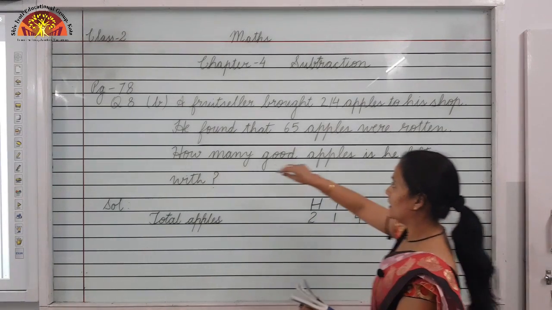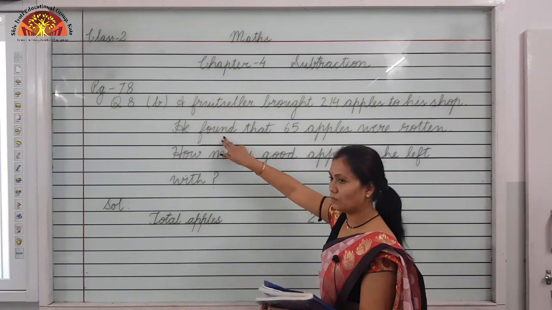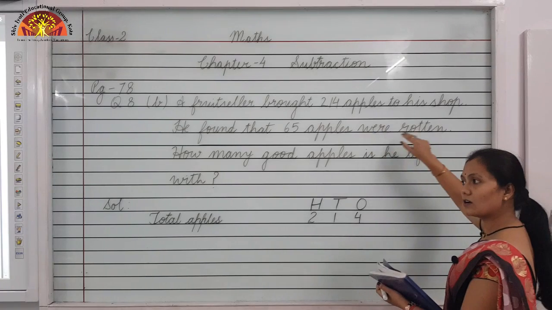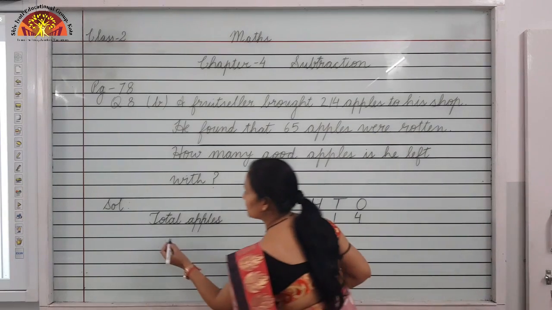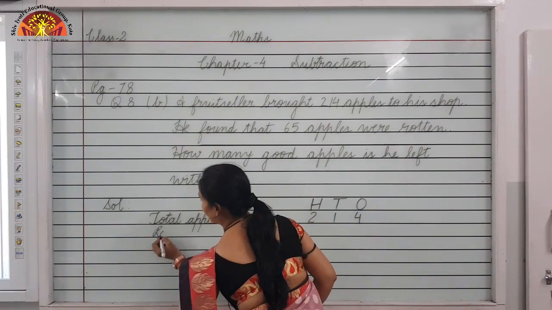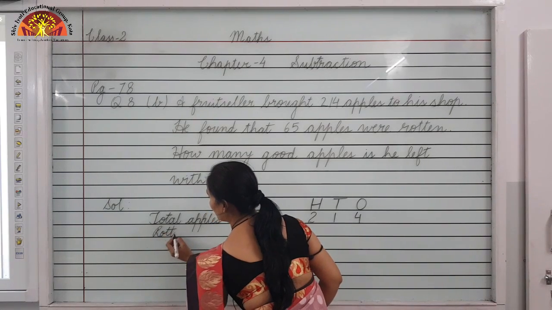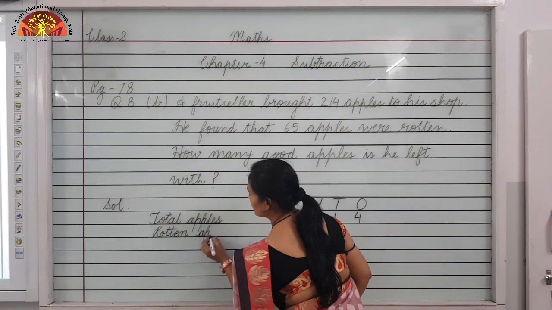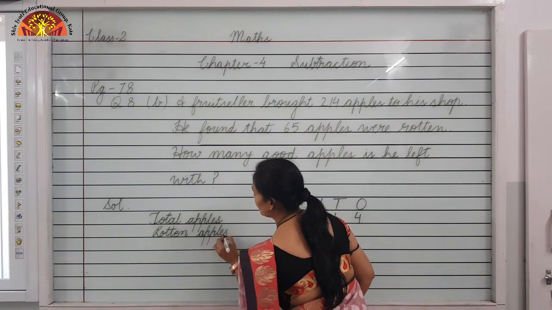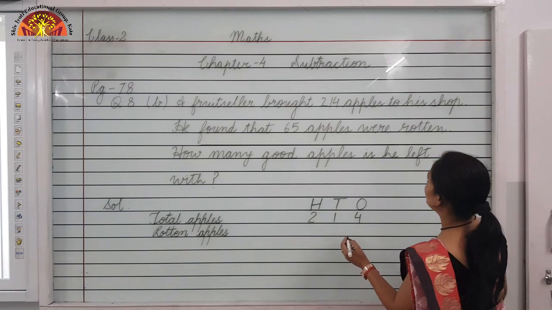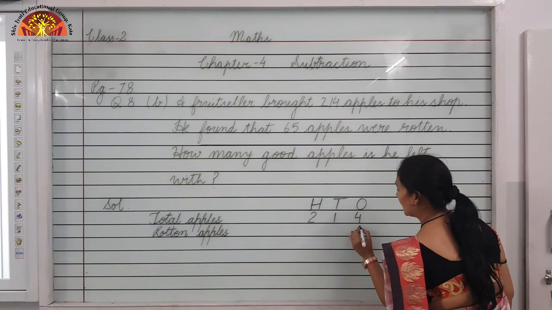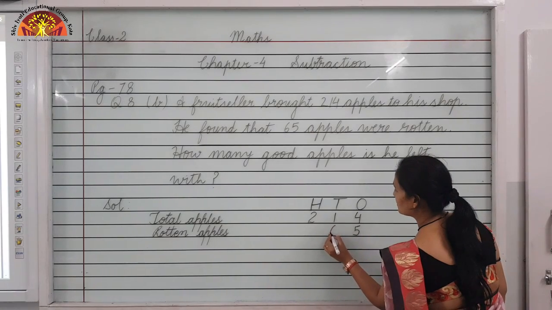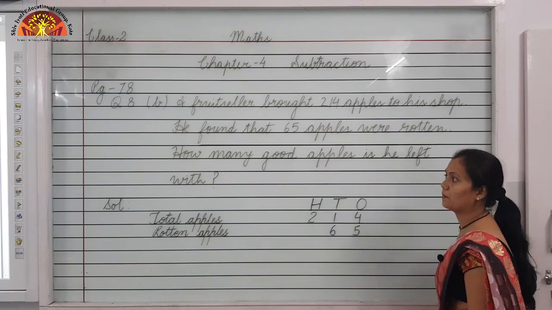Now next line, he found that 65 apples were rotten. So rotten apples, R-O-T-T-E-N, rotten, A-P-P-L-E-S, apples. Rotten apples 65. So we will write 5 at ones place and 6 at tens place.